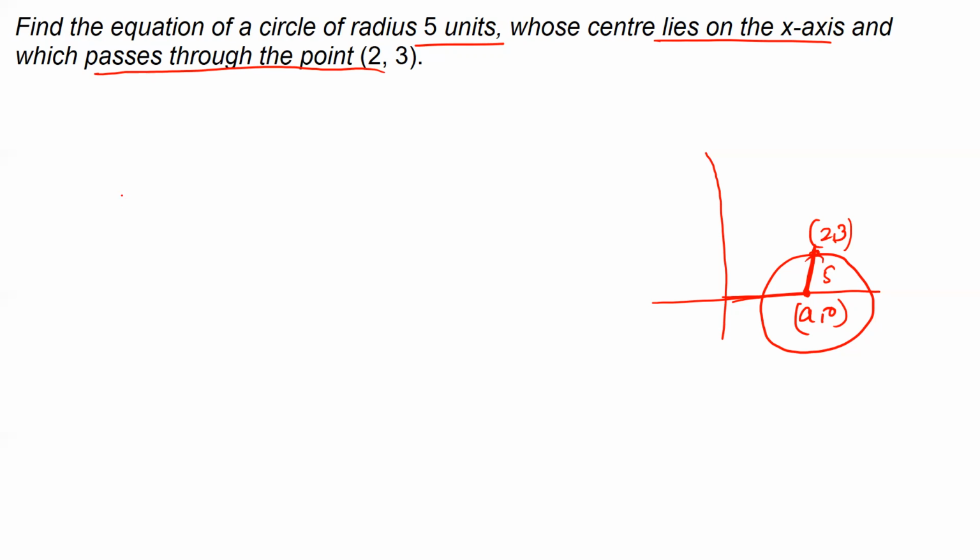We know that the distance between the center and 2 comma 3 is 5. So a minus 2 the whole squared plus 0 minus 3 the whole squared is equal to r, which is 5.